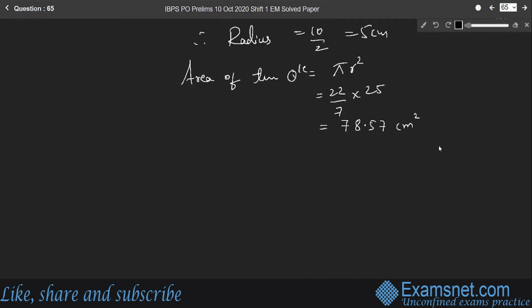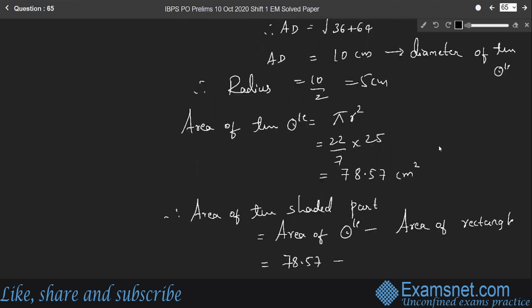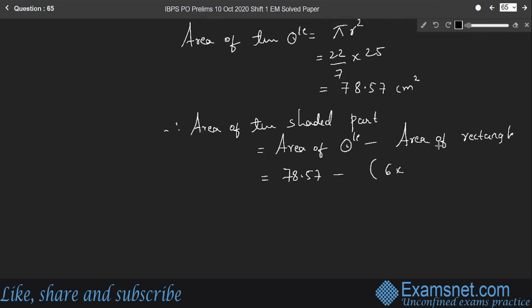Therefore, the area of the shaded part is the area of the circle, 78.57, minus the area of the rectangle, 6 into 8, which is 48. 78.57 minus 48 is 30.57 centimeter square.